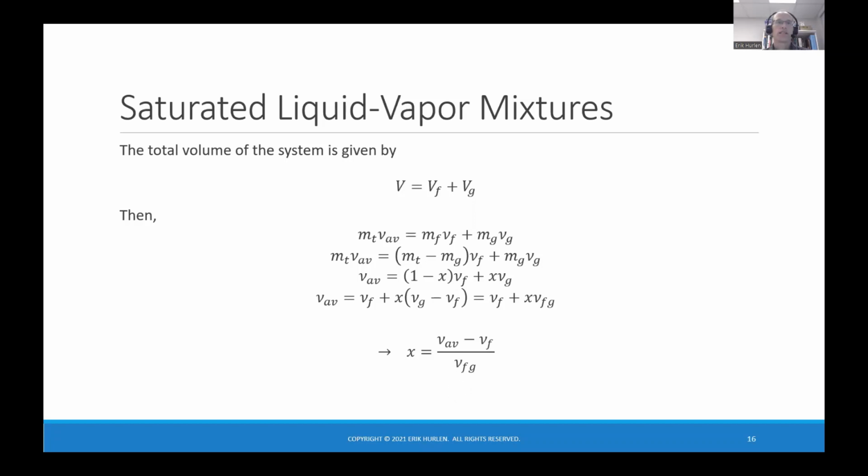So the quality is equal to the overall specific volume of the substance, total volume over total mass, which is easy to calculate, minus the specific volume in the liquid phase, nu F, which we can find in the table, divided by the difference, nu Fg, which can also be found in the table. This is an easier process if the masses of each individual phase are unknown.